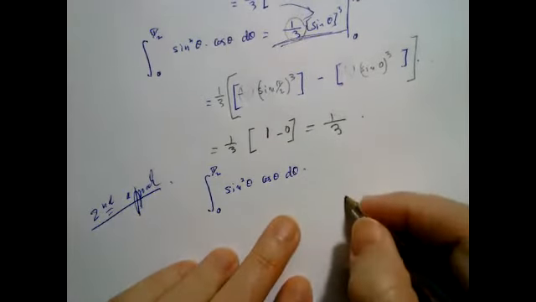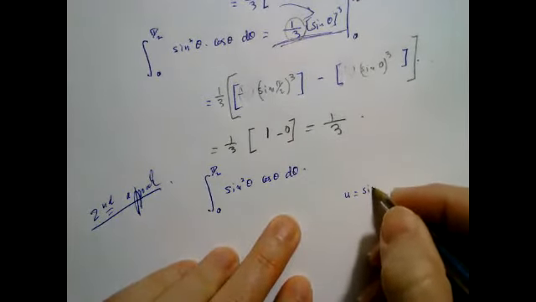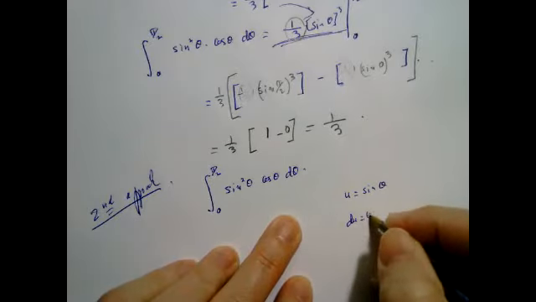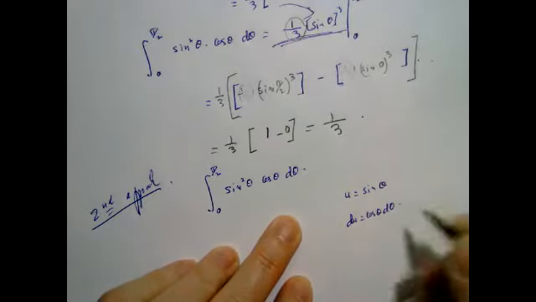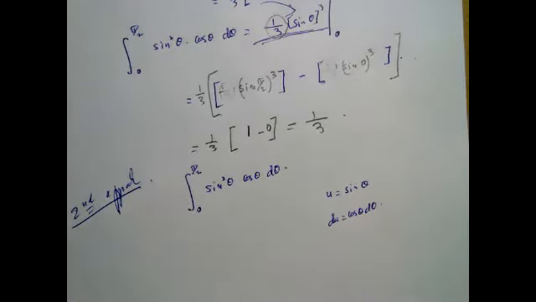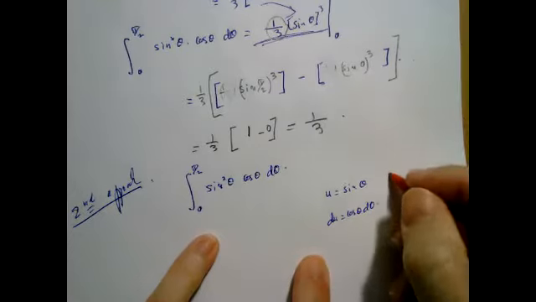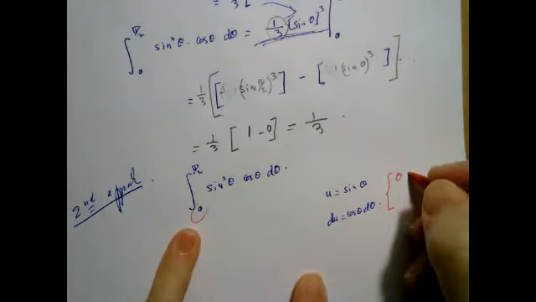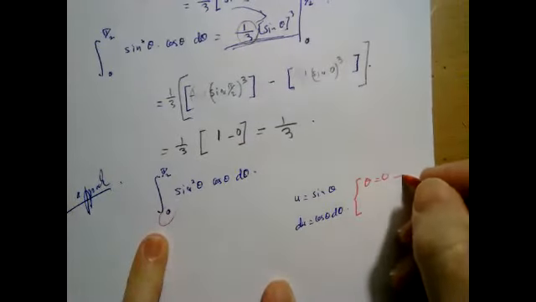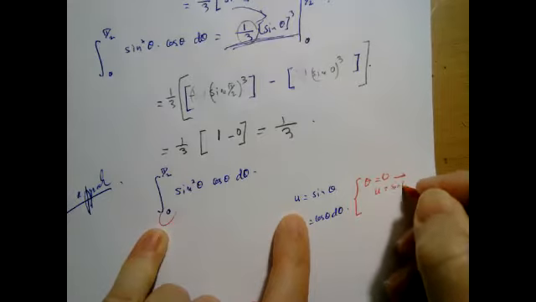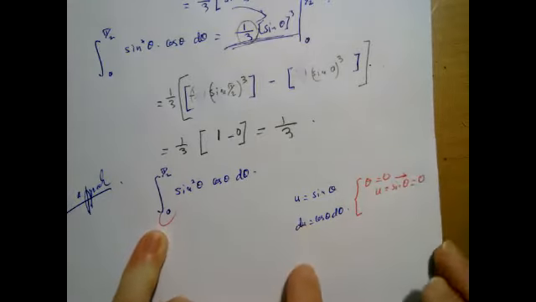So I'm going to do the same thing. U equal sine theta. Du equal cosine theta d theta. The only change is right there. I'm going to change the limit here. If theta is 0, that's the lower limit, then my u is the sine of 0, which is 0.